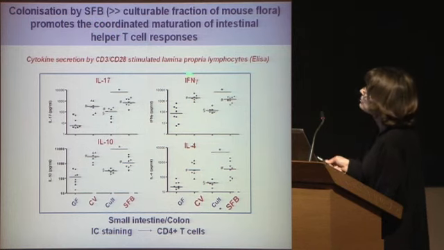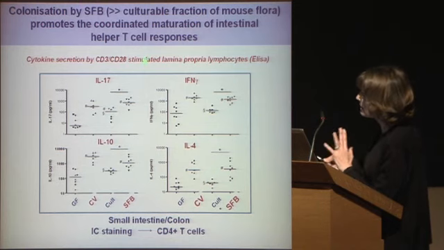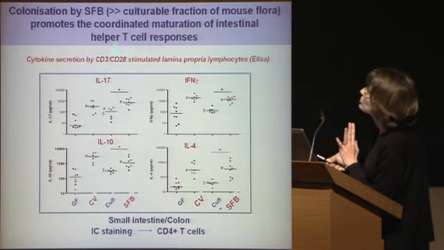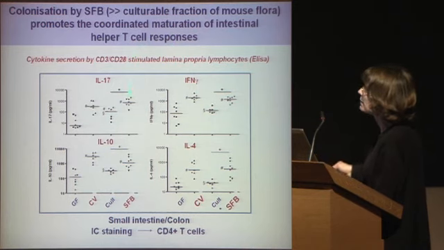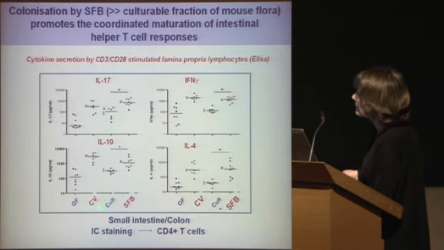And in fact, we could more or less recapitulate, perhaps not as efficiently as the whole sporulated fraction, but quite efficiently, all the helper T-cell responses that we had seen. I've only shown here the response of the cytokines, with the conventional microbiota, the SFB, as compared to the culturable fraction of the microbiota.